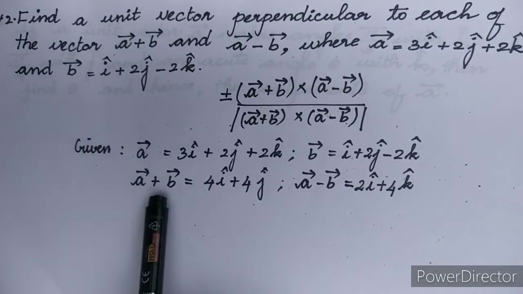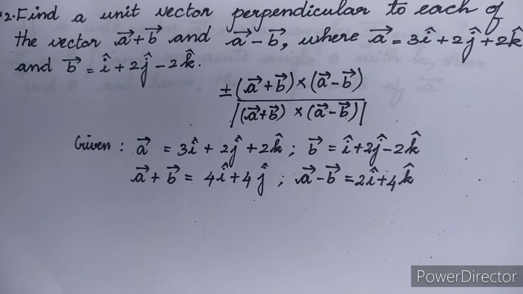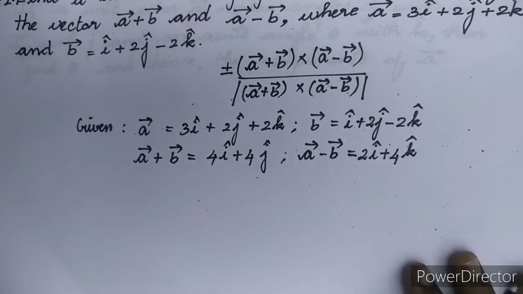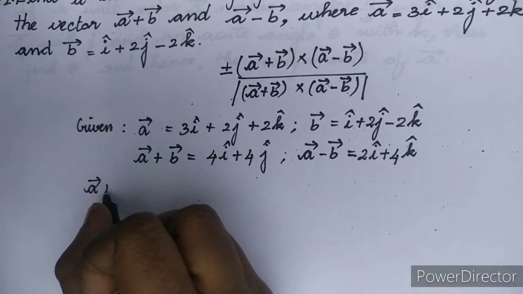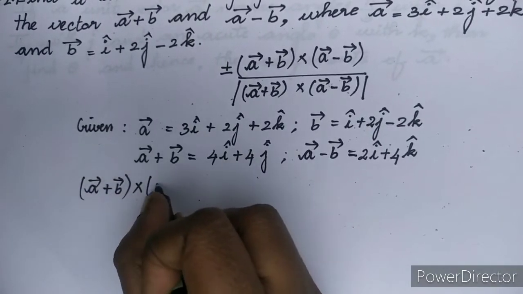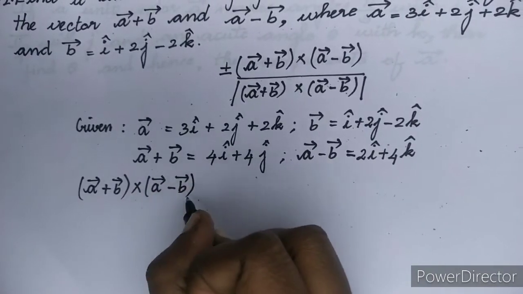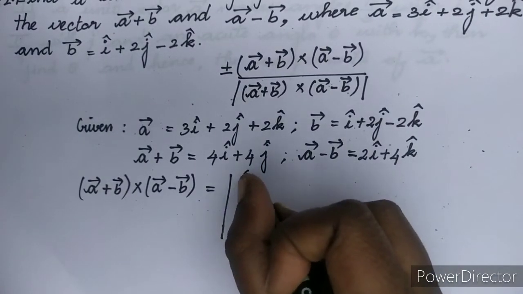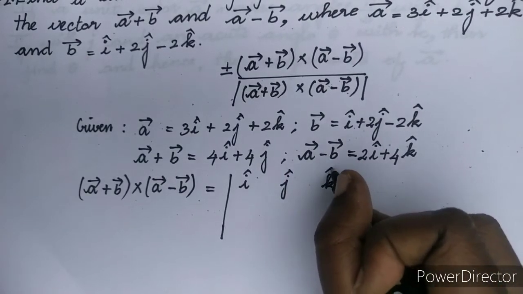After finding A vector plus B vector and A vector minus B vector, we will find A vector plus B vector cross A vector minus B vector, which is equal to determinant of i cap, j cap, k cap.